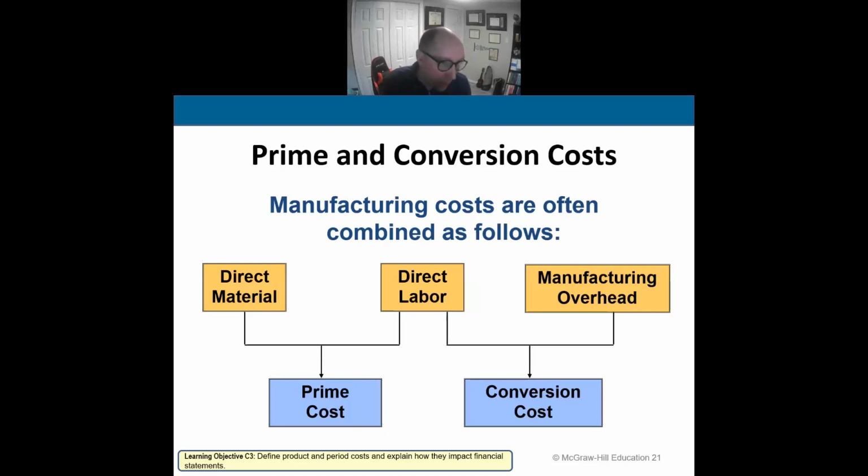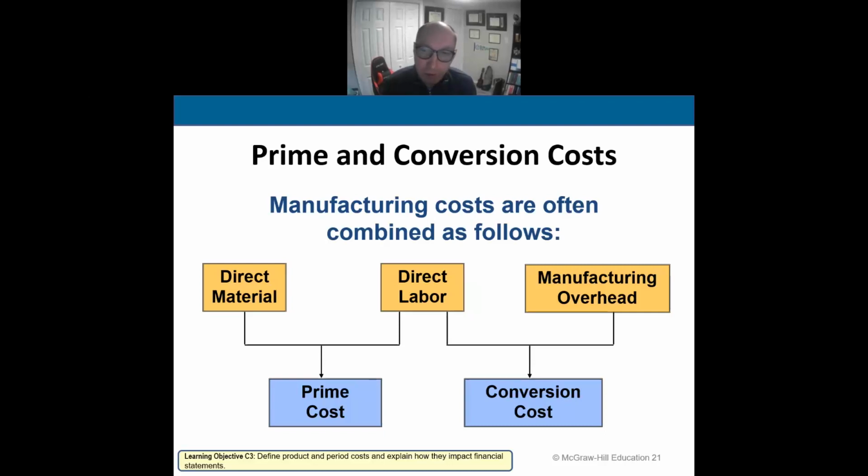The word prime means that they are primarily first. Those are primarily related. Those are primarily allocated to the manufacturing process. Direct material and direct labor, those are direct costs. They are primary costs.